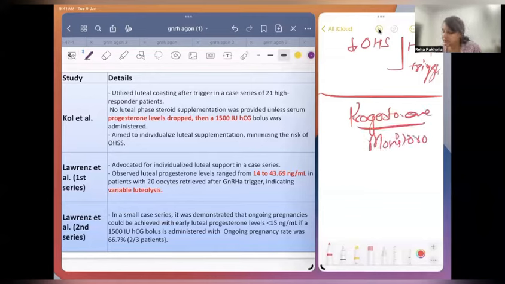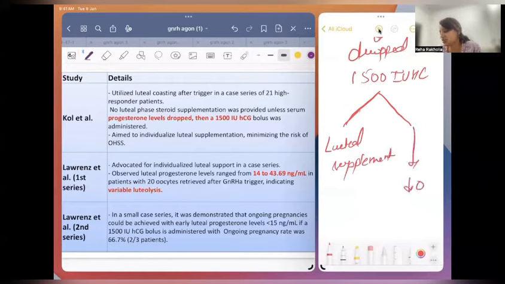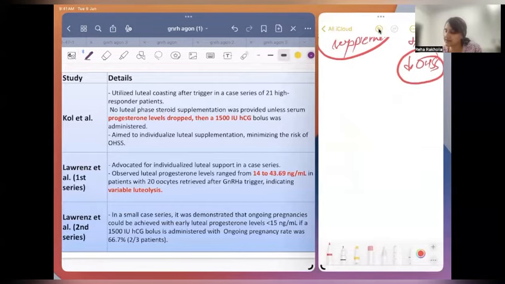If progesterone has dropped, then we'll give 1500 international units of HCG. What this protocol will do is give luteal supplementation. When we see progesterone is low, we'll supplement it with HCG, and it will decrease OHSS risk. These two things it will do.